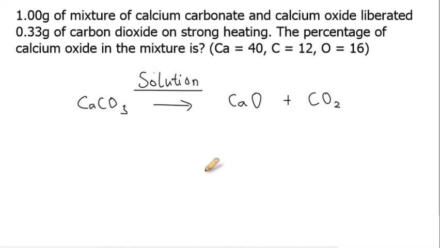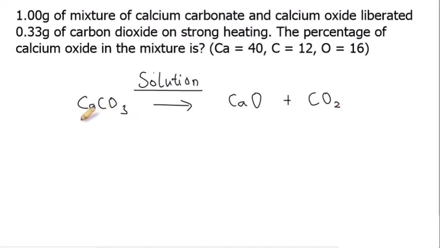We have one atom of calcium on the reactant side and one atom of calcium on the product side. For carbon, 1 on the reactant side and 1 on the product side. Oxygen is 3 on the reactant side, and on the product side we have 1 plus 2, so that's 3 as well. So we have a balanced chemical equation. In the equation above, the substances we'll be dealing with are just calcium carbonate and carbon dioxide.